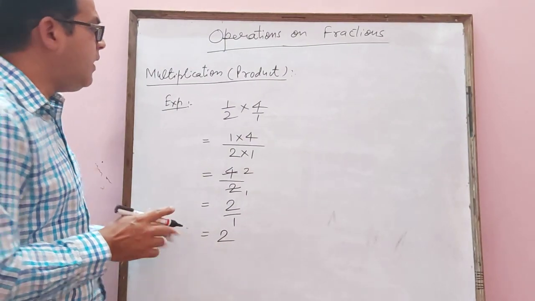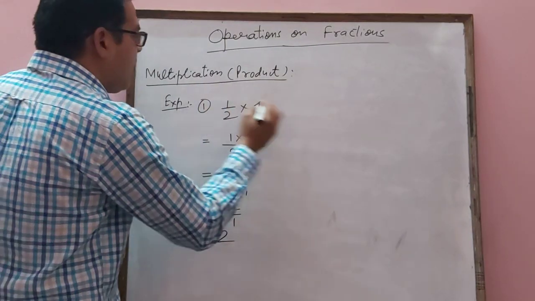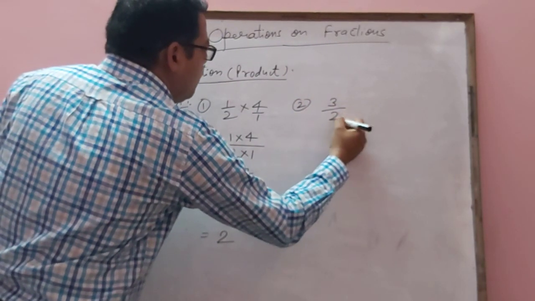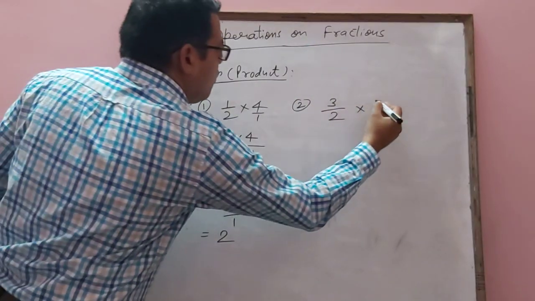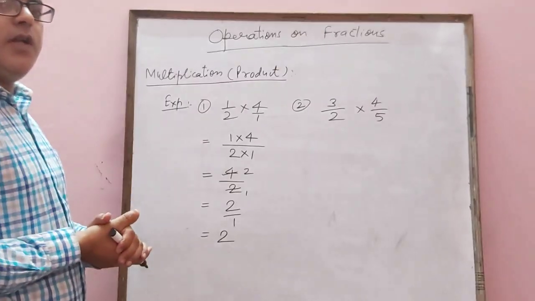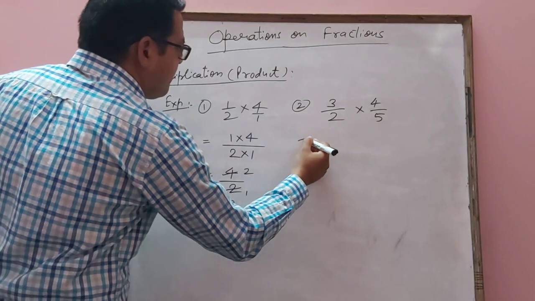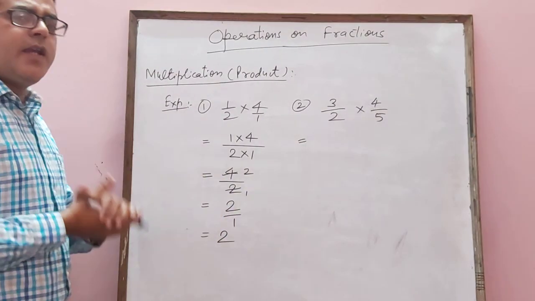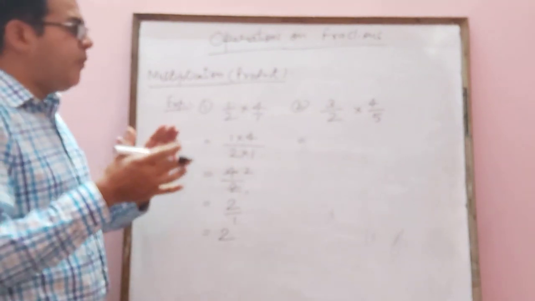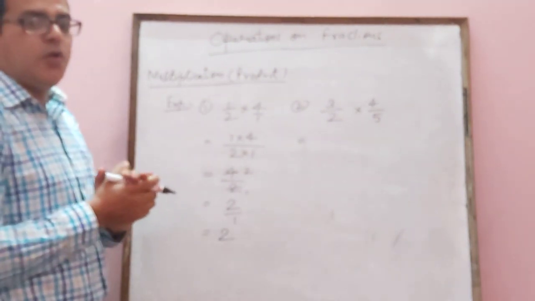Hope you understand. One more example I am taking here. Suppose 3 by 2 we have to multiply with 4 by 5. Right? So once again I am reminding you, no need to take LCM, no need to make the denominators the same. What to do then?